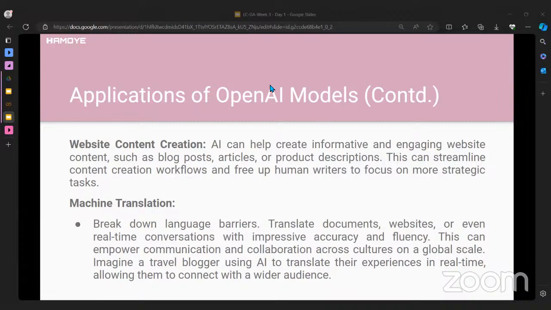OpenAI models can translate documents, websites, and even facilitate real-time conversation with remarkable accuracy. This breaks down language barriers and enables seamless communication across different cultures, which is invaluable for global interaction, such as travel bloggers sharing experiences worldwide.